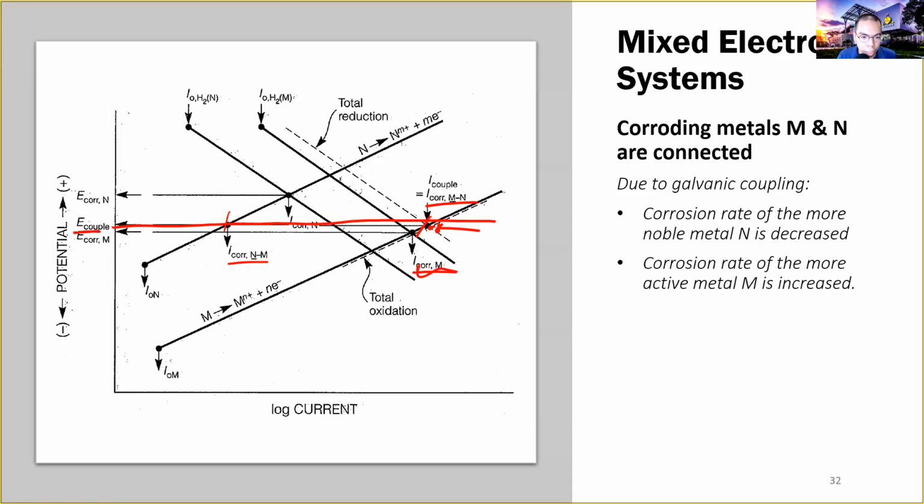And kung saan tama yung E-couple natin or ano yung value netong potential na to with respect to the polarization curves of N and M. So makita natin here that yung sa couple, yung corrosion natin is almost equal to the corrosion at M. Meanwhile, yung sa N natin, yung corrosion mo is mababa lang. Dito lang siya.